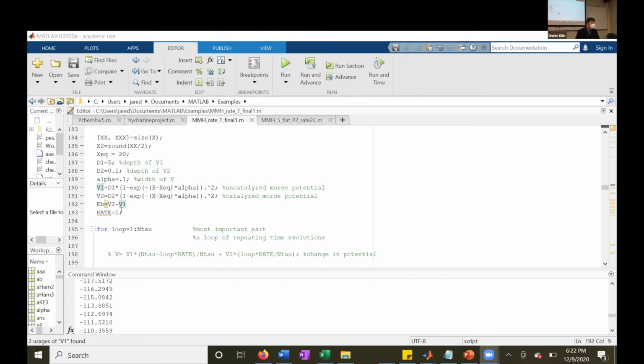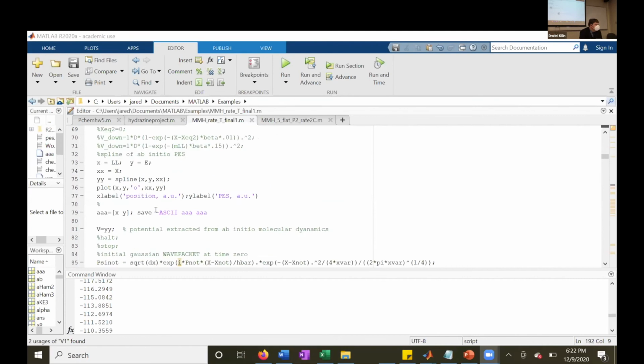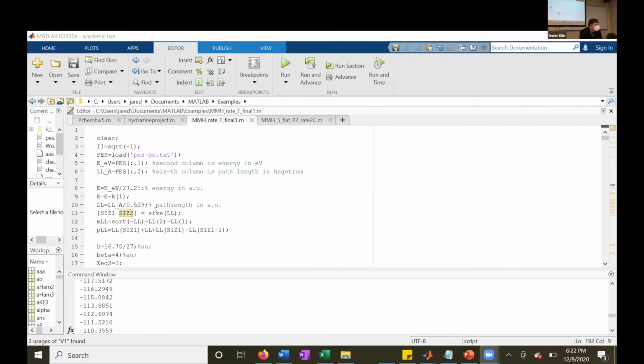Let's go to the beginning of the code. It should start with reading, yes, PES load PS-PO. So this is most important. And then your potential will be expressed in terms of this potential energy surface.